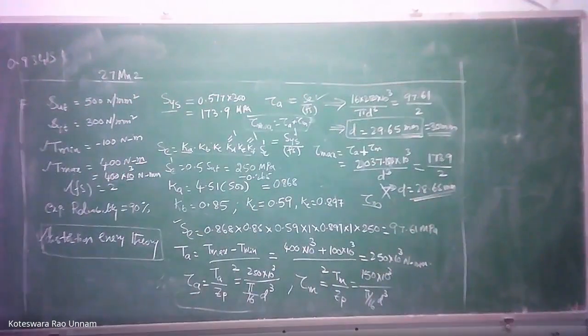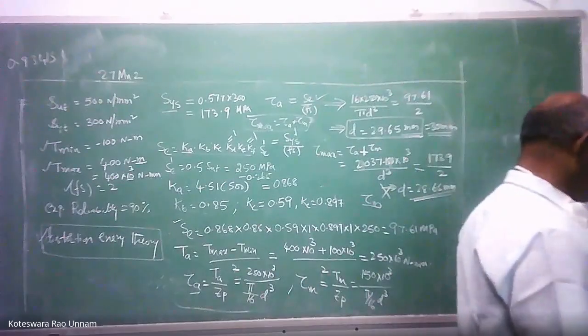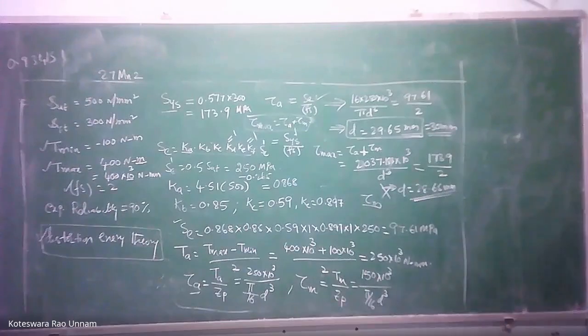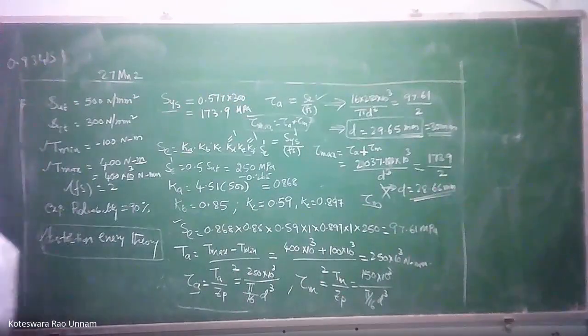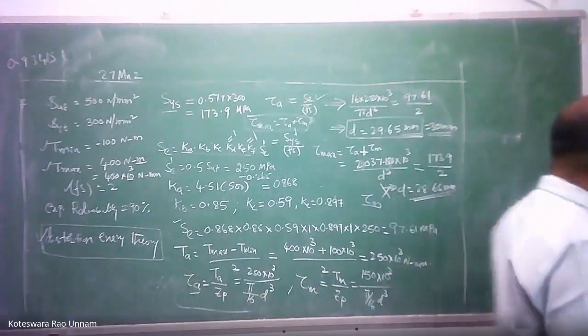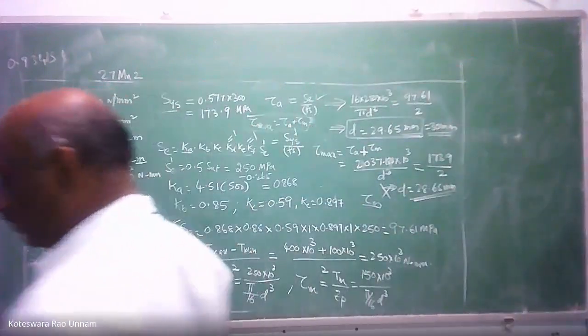The endurance limit in reverse bending is 600 MPa.